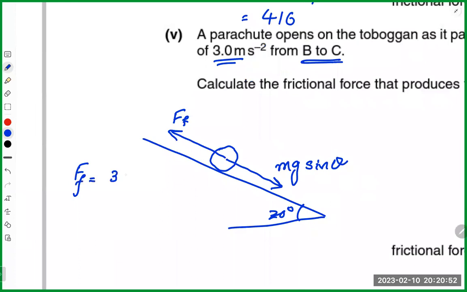3 into 95 plus 95 into 9.8 into sine 20.